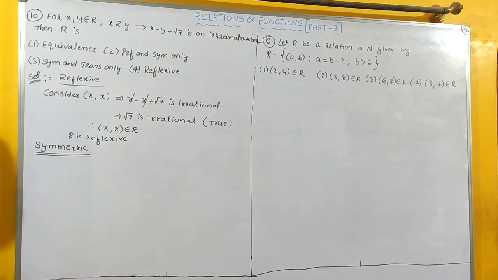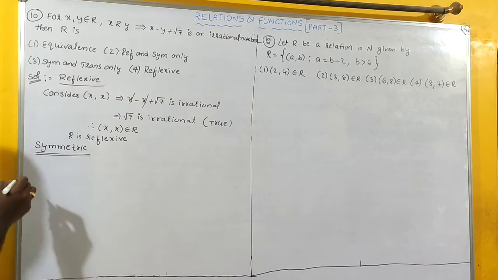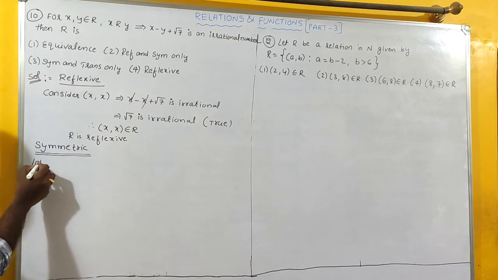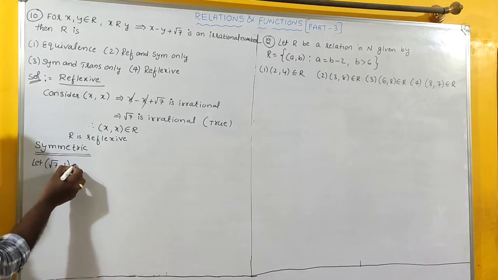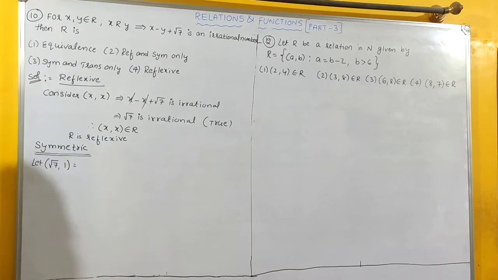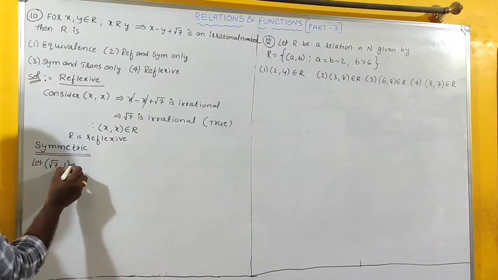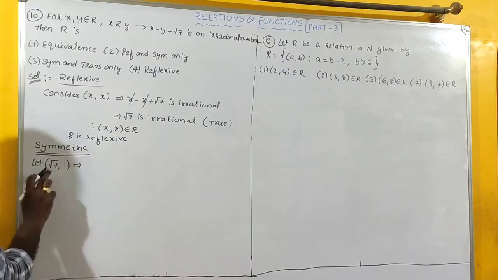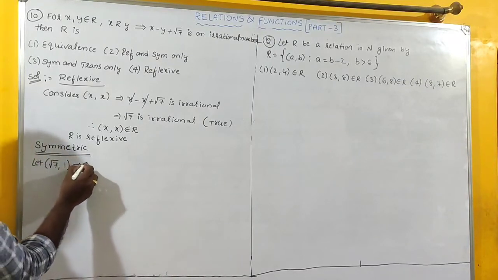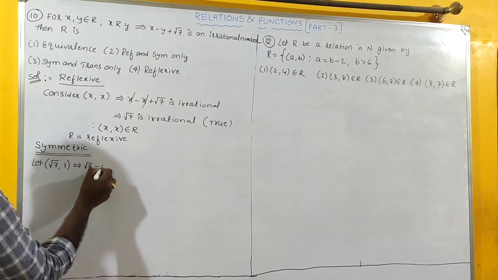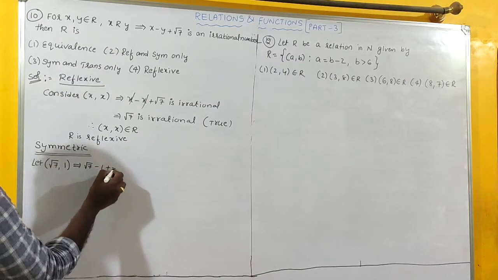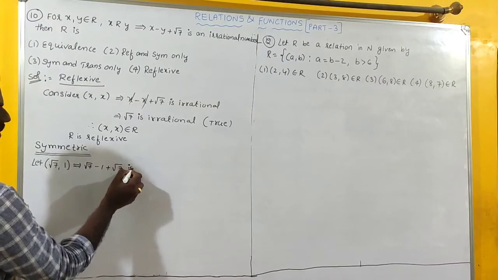Symmetric. Let the pair be root 7 comma 1, I am taking. That implies this is x, this is y. x minus y plus root 7 is irrational.